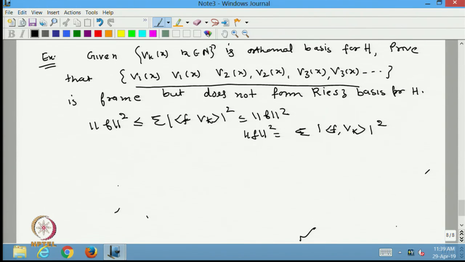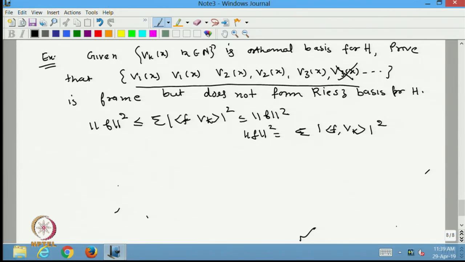That is the example. Now, if I give you another example where I cut this term, now you have to tell me whether it is a frame or not. It will be a frame. Next question is, will it form a Riesz basis?